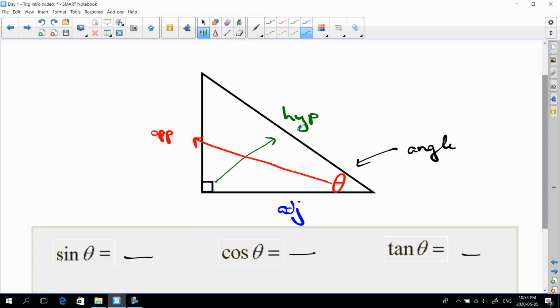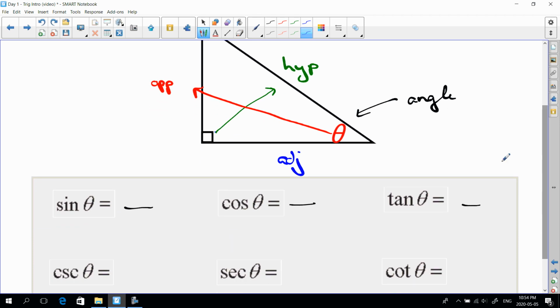Hypotenuse is straight across from the right angle, should be no problem finding it. Also should be no problems finding the opposite or adjacent side at this point in the game. You're in grade 12 math. Sine theta is equal to the opposite over the hypotenuse.